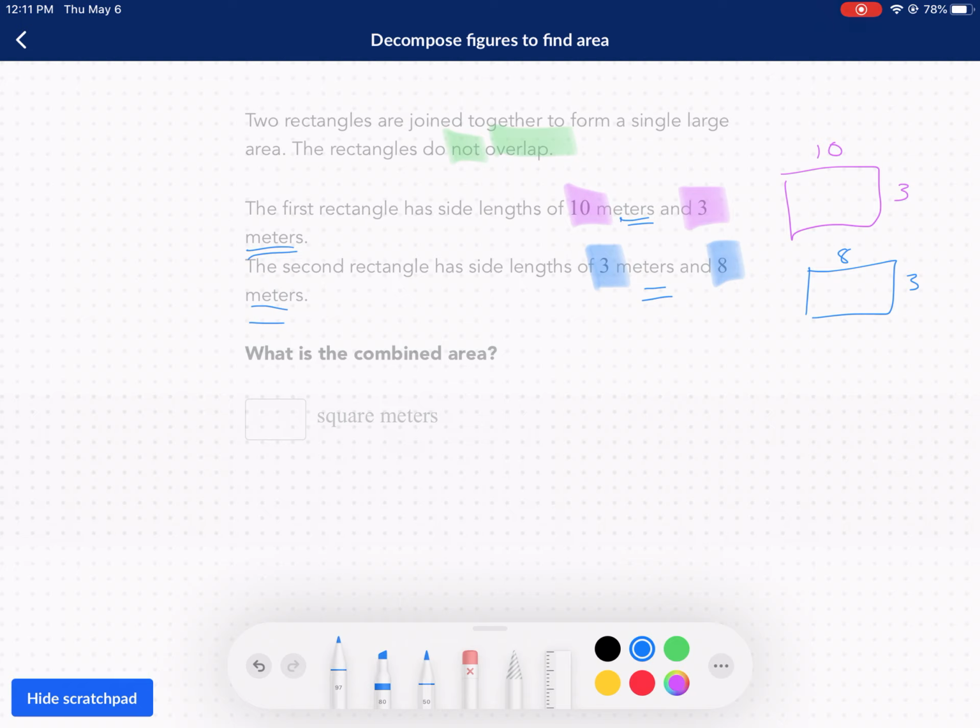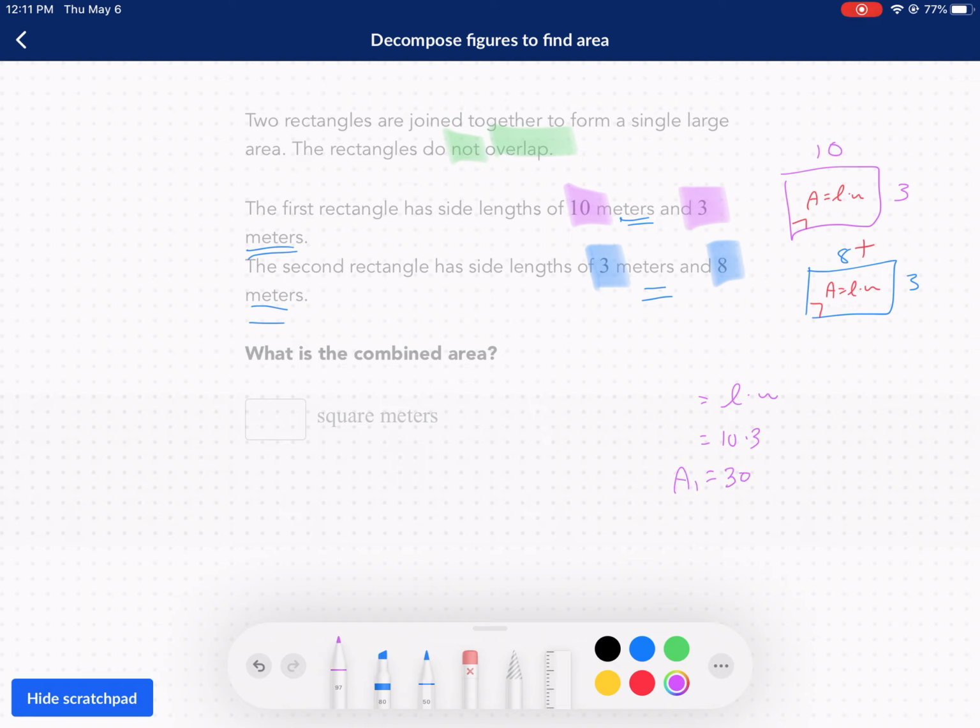What is the combined area? You can see it's already square meters there. We just need to add this together. So we're just going to add the area of this one, which is length times width. That's the area for a rectangle. In purple, we have length times width, and that is going to be equal to 10 times 3, which is 30. So that's the area of the first one.